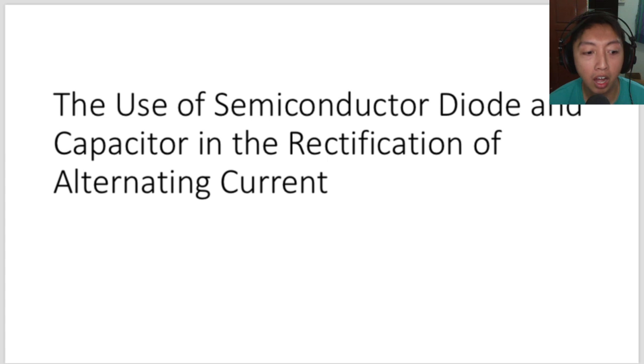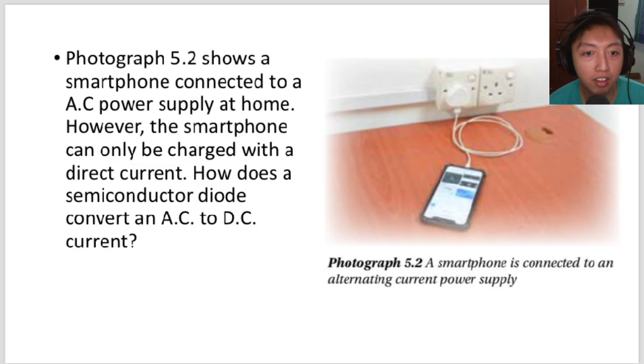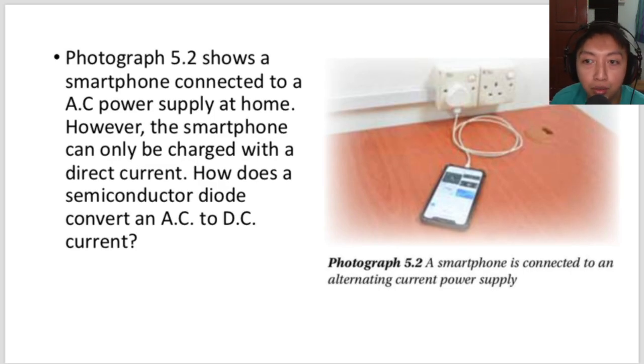Because remember, since a diode only allows electricity to flow in one direction, we can use a diode to basically force the AC current to only go in one direction. So let's take a look at it. Smartphones, for example: you can't charge a smartphone with AC power.